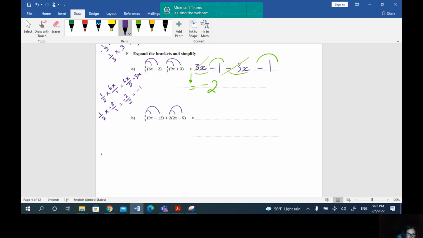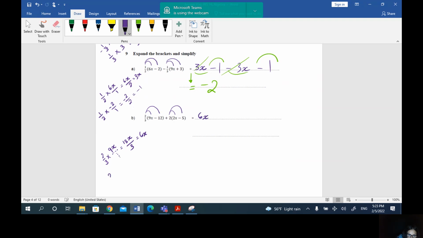So if you say 2 over 3 times 9x, which means 9x over 1, so it will be 2 times 9x, which is 18x over 3. If you do cancellation, it will come down to 6x. So the first one will be 6x.